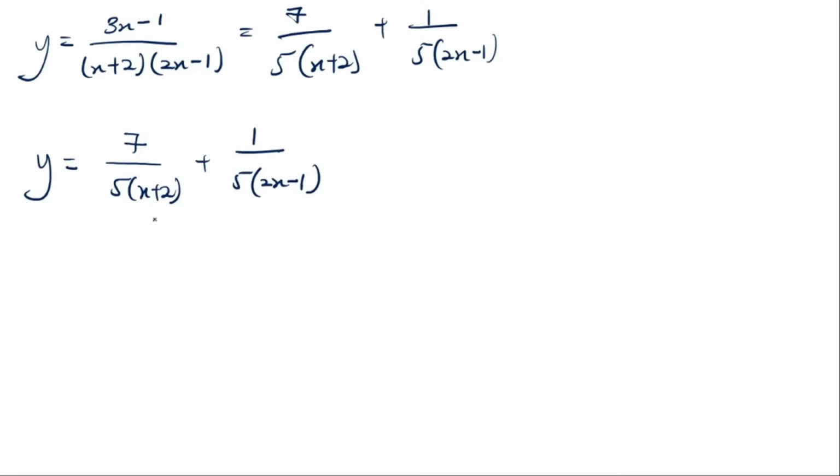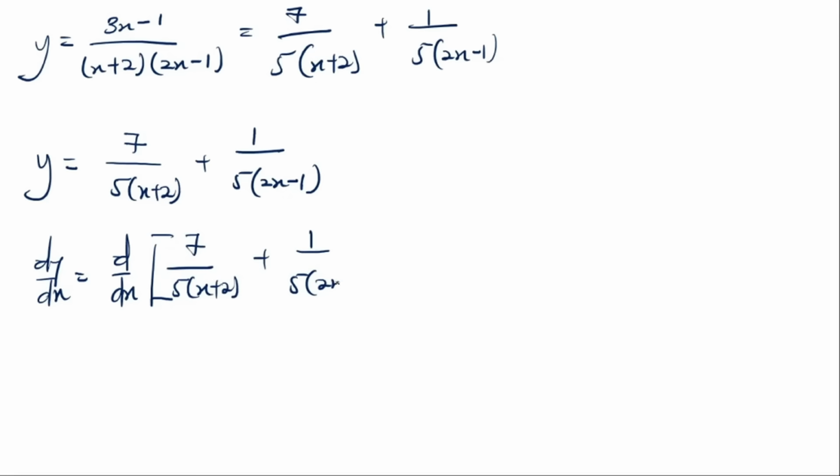So if we are to differentiate this function, our dy/dx now becomes d/dx of this entire function, that is 7 on 5 x plus 2, plus 1 on 5 2x minus 1.